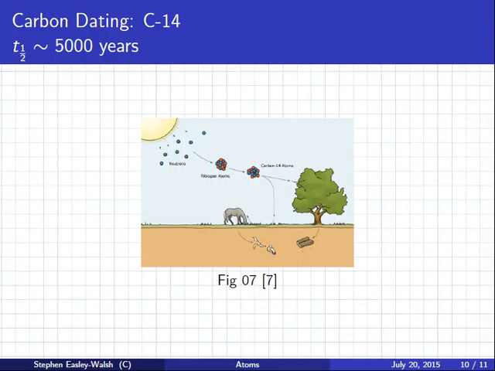By measuring how much carbon-14 is left in your body, you can calculate how long the person has been dead for. So here the animal eats the grass and everything here is full of carbon-14 from the air. When the animal dies, the carbon-14 starts to decay. You know the graph already. By measuring how much carbon-14 is in the animal, we can work out how long they've been dead for.